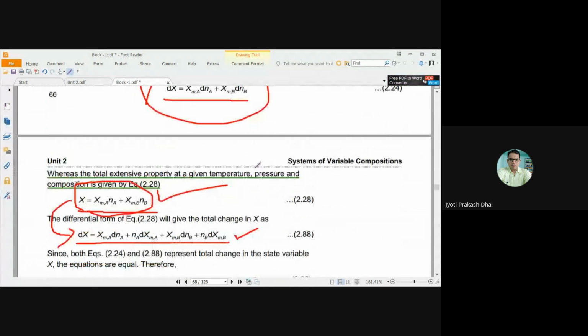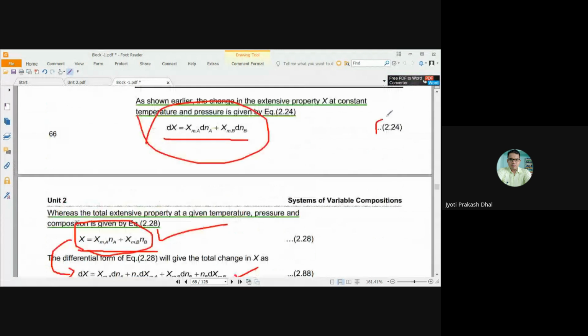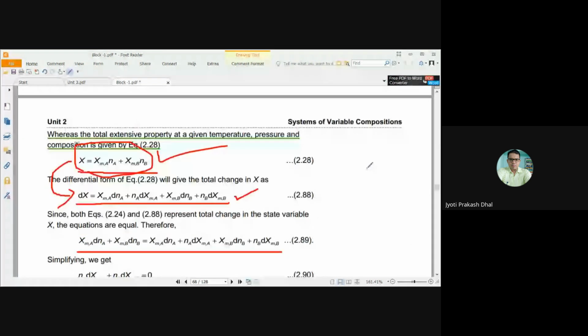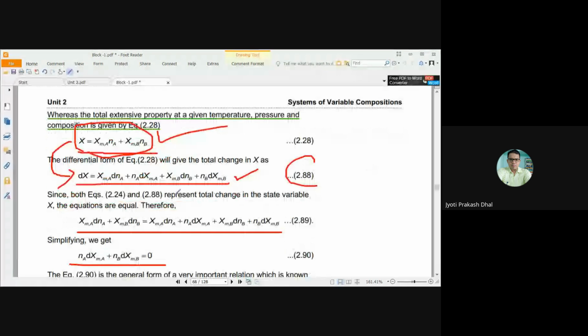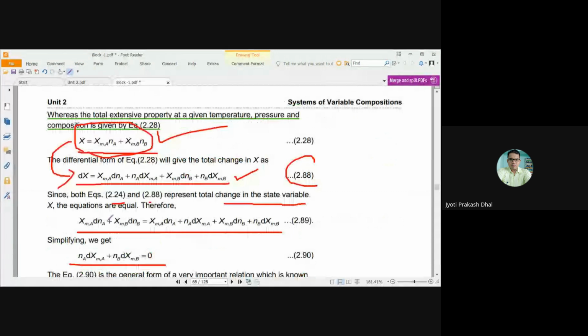And since both equation 24 and 88 represent the total change in state variable X, both are equal. You can observe the LHS of both the equations are equal.